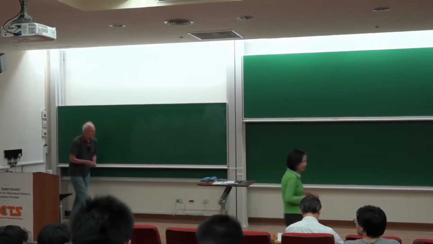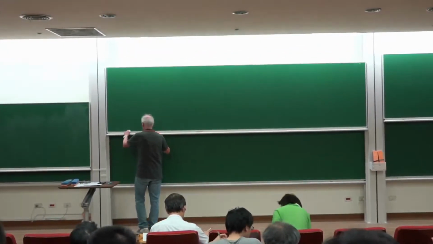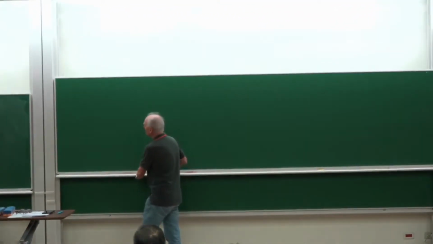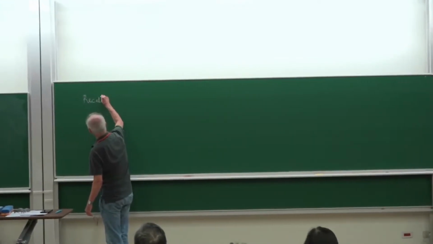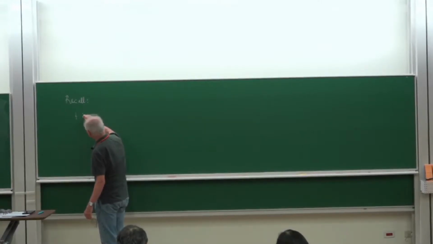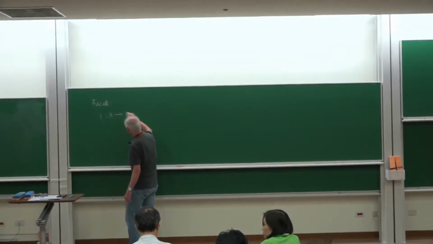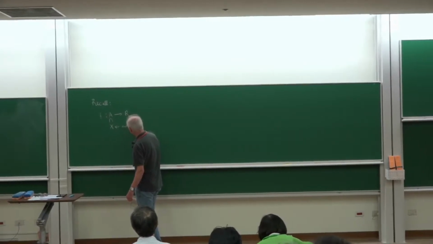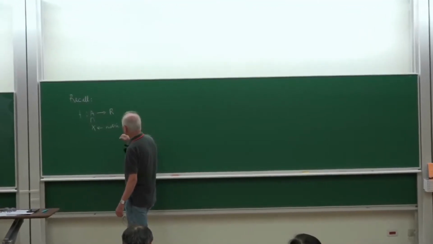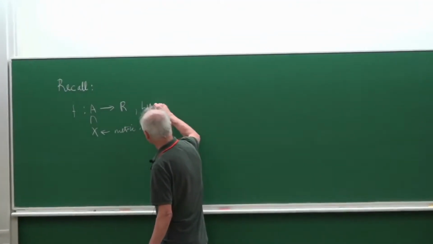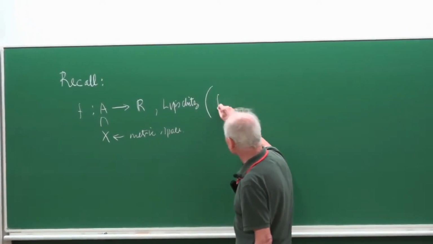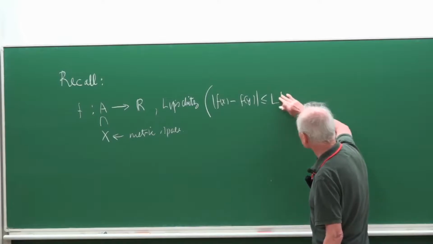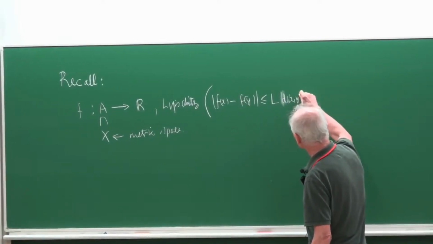So we were talking about Lipschitz functions, and the first theorem concerning Lipschitz functions is this one: if you've got a Lipschitz function from a set A into the reals, and A is contained in a metric space, then, and this is Lipschitz, so in particular that means the absolute value of fx minus fy is less than or equal to L times the distance in the metric space from x to y.